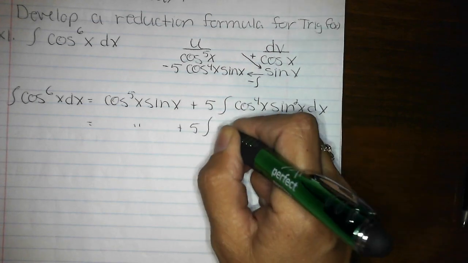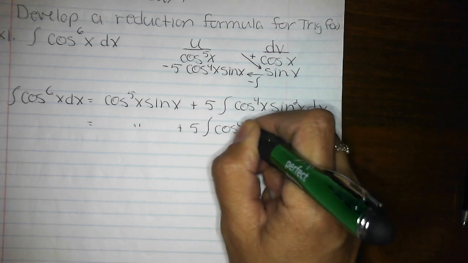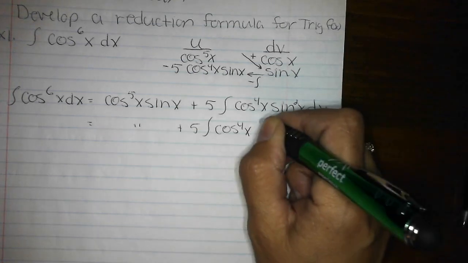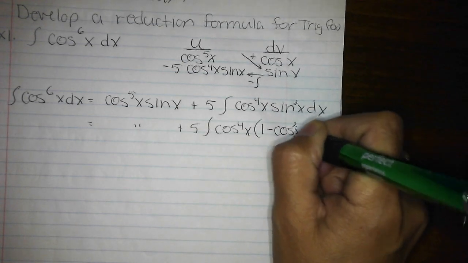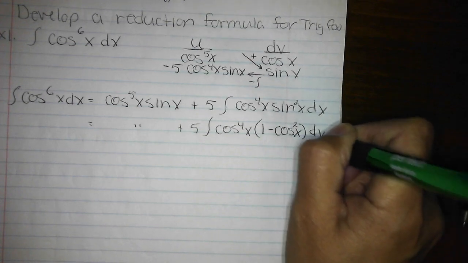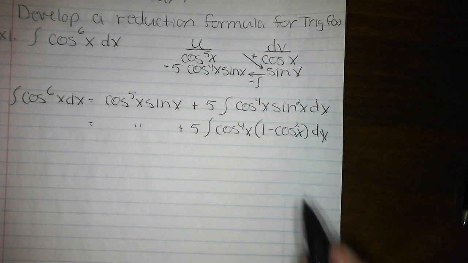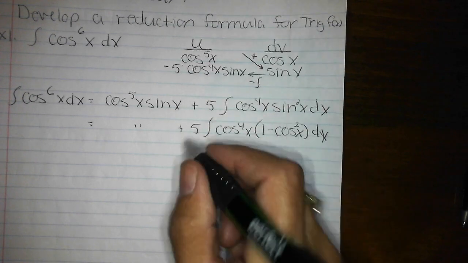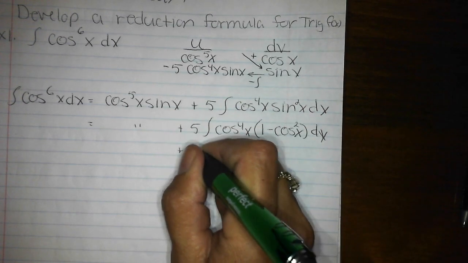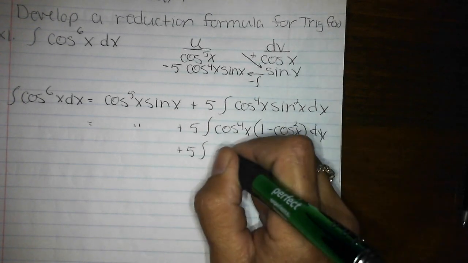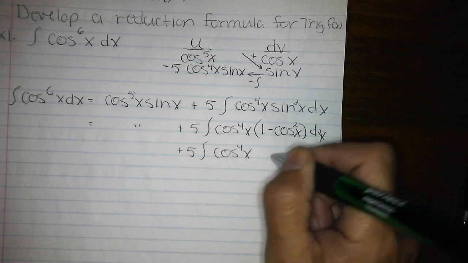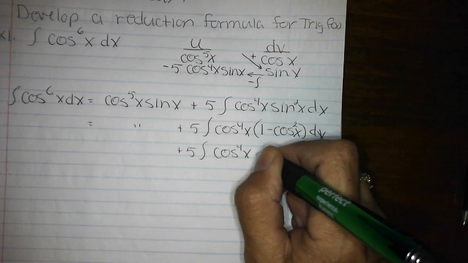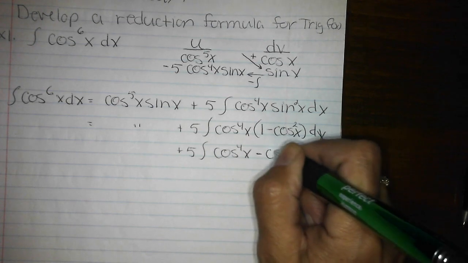I keep the cosine to the 4th, rewriting this as 1 minus cosine squared. Now I'm going to distribute to get rid of parentheses. So that'll give me cosine to the 4th minus cosine to the 6th.